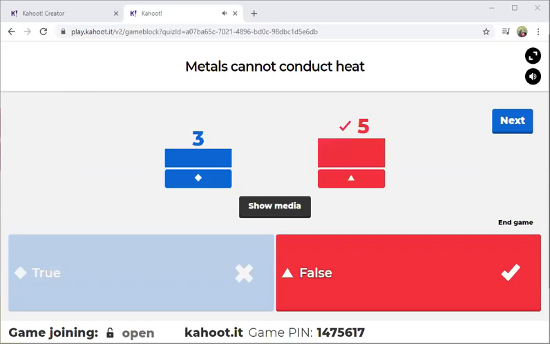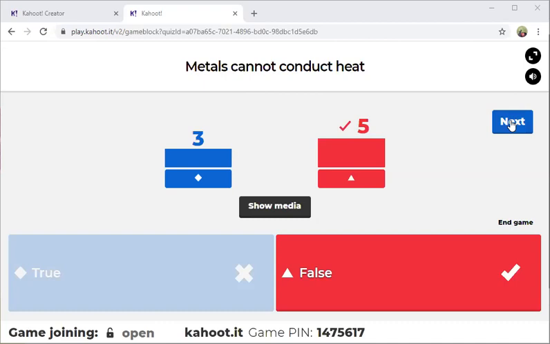So guys, the answer is false. Metals can conduct heat. Okay, so just read your questions carefully. I'm sure you guys were just confused by the cannot, or your eyes might have seen double or something like that. But metals can conduct heat. Okay, so just remember from the experiment that we did in class, or the investigation, using the metal spoon, the wooden spoon, as well as the plastic spoon.